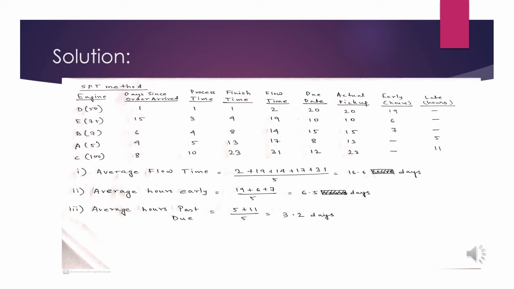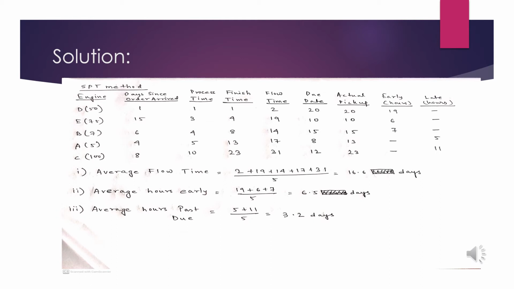And C has been completed at 23, whose due date is 12, so the actual pickup date will be the finish time, 23. So the hours late will be 23 minus the due date 12, giving me hours late of 11.